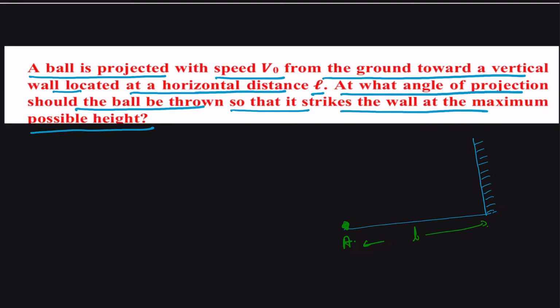And it is asked that it strikes the wall at the maximum possible height. So let us suppose that the projectile traces a path like this, and this is the maximum possible height, and let us call this height y.